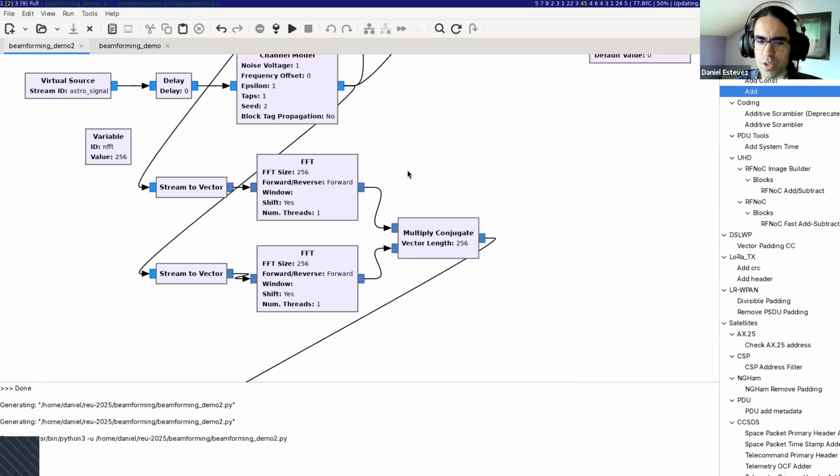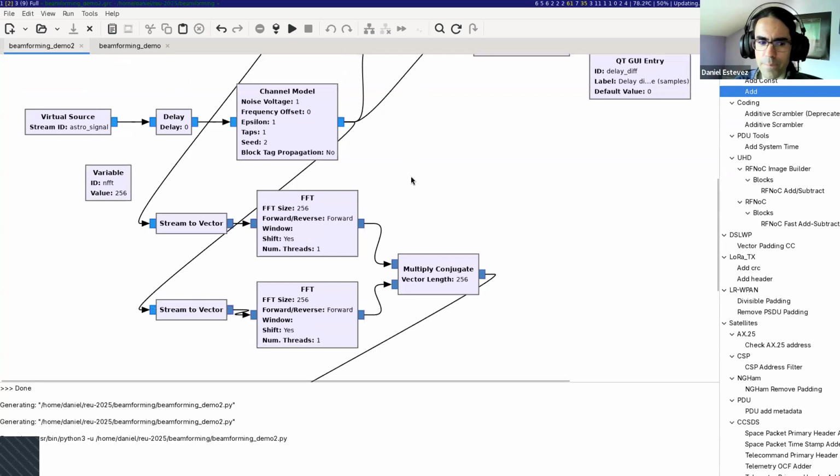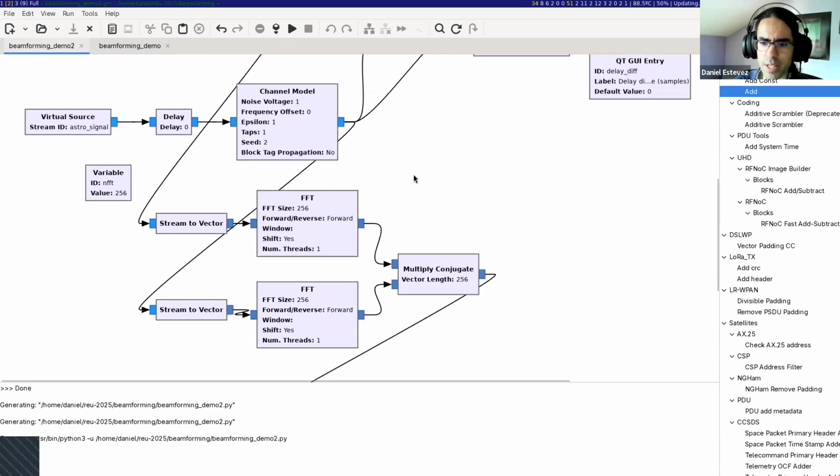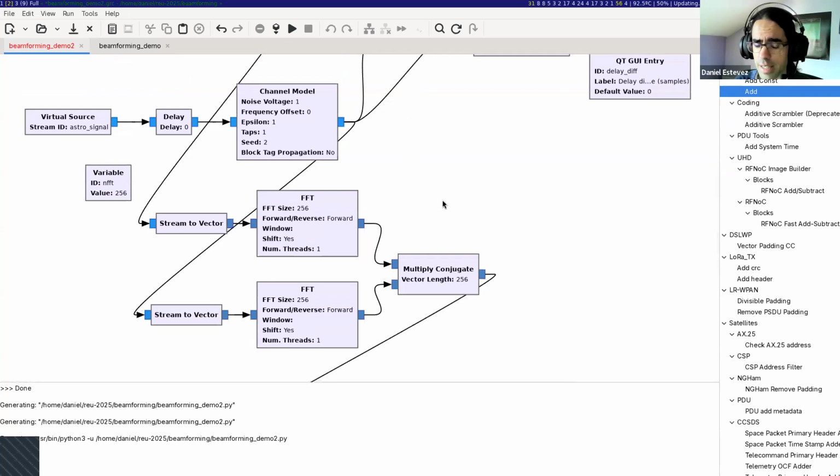Maybe the question is, why would we multiply to do a correlation? That might be a reasonable question. Why not just use a mixer, because we need the imaginary component in there as well? Yeah, you can do all of these with real signals. These days it is more common to use IQ signals, even in radio telescopes, not only in this simulation.